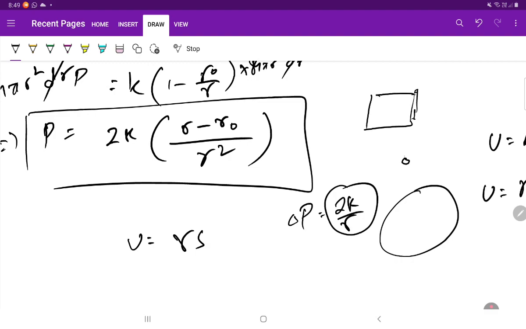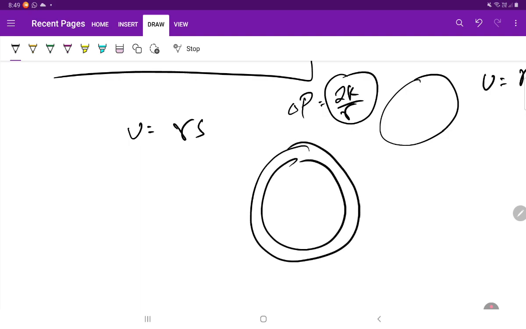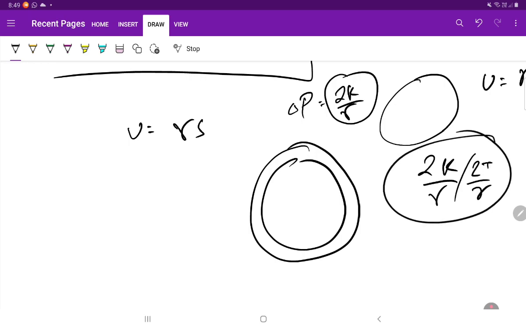Well, there must be some reason, right? You can understand why we are saying this, because if R naught tends to 0, then it will be 2k by R. We know that in this spring mesh, the balloon has only one layer, and in case of a drop there are two layers. In case of one layer, that is 2k by R or 2p by R. So basically the formula is almost consistent with the surface tension one.